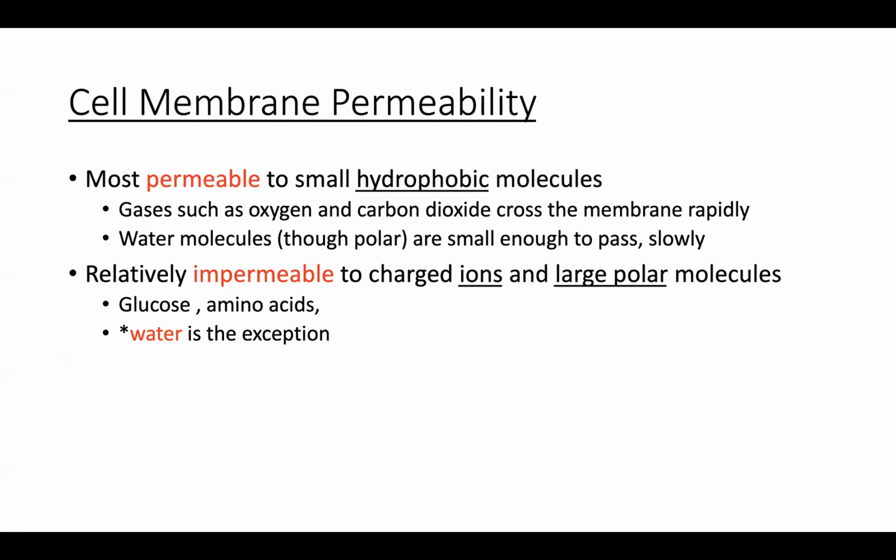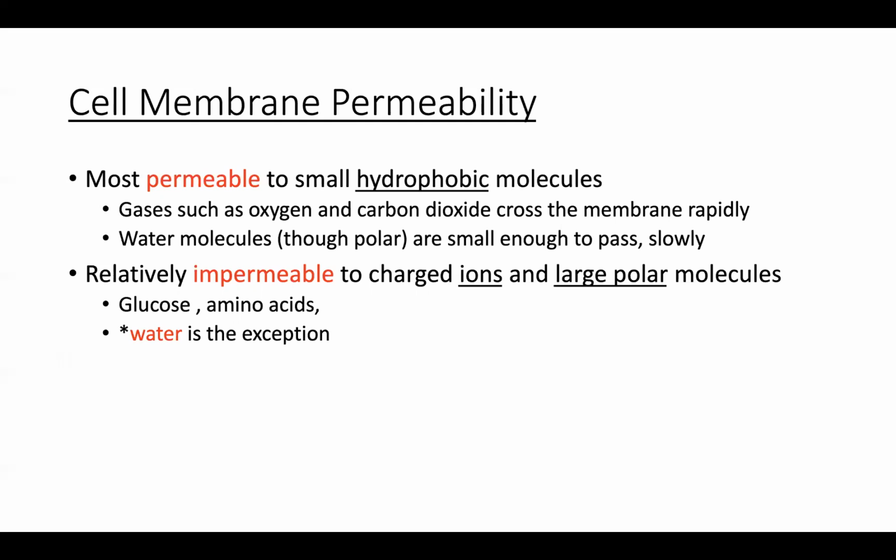So the cell membrane is referred to as a selectively permeable barrier, right? It's selectively permeable in that not all things will be able to readily pass through the membrane, but certain substances will pass through easily and others will require assistance.